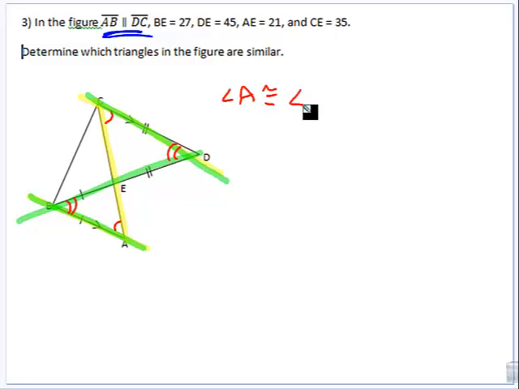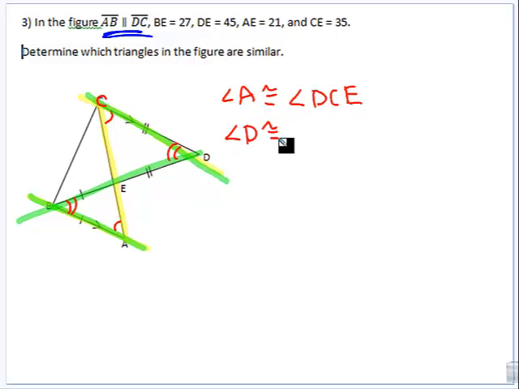How would I name this angle here? What three letters could I use? That's a C underneath that highlighter. Remember, you have to use three letters. So D, and then you'd go C, E. Okay?